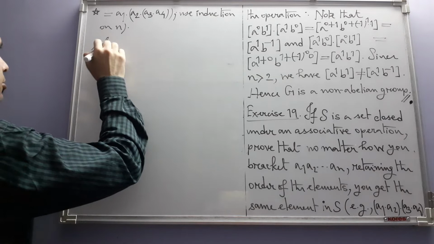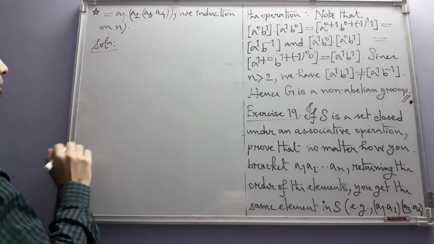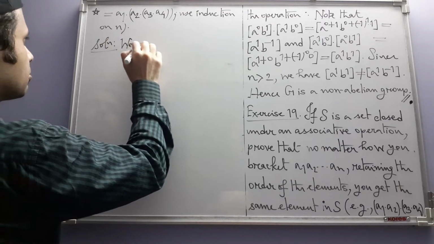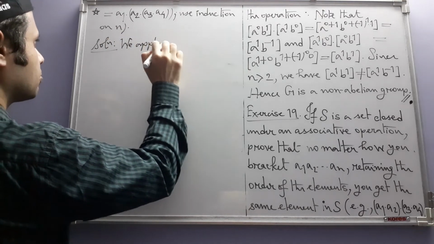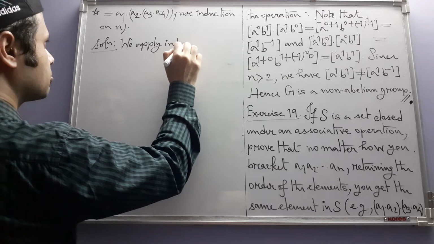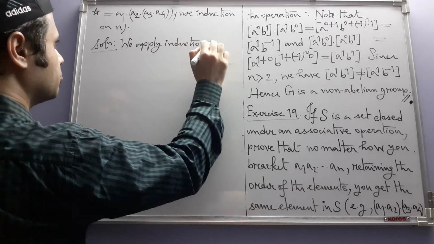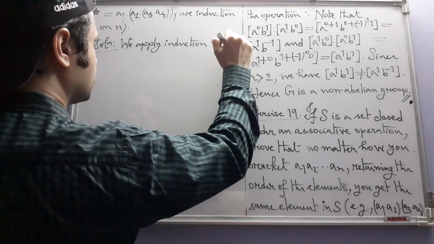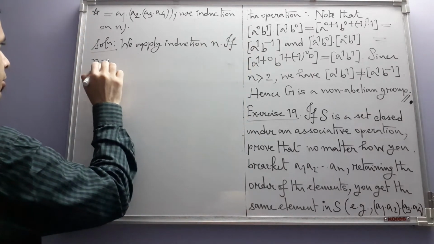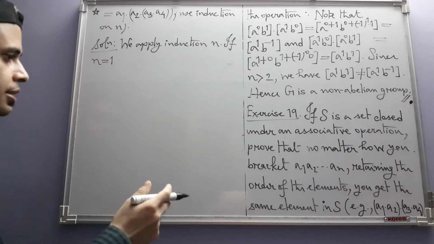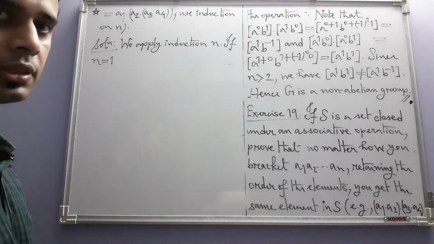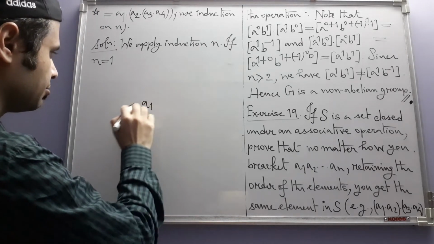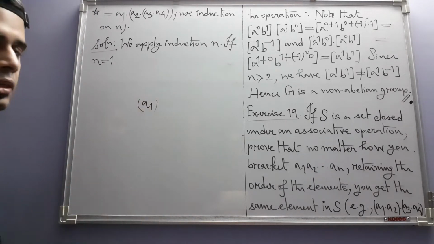So here the solution is neither very difficult nor big. We apply induction on N. If N is equal to 1, that is, if there is only A1, then there is only one way of bracketing A1, namely this, and we have nothing else.